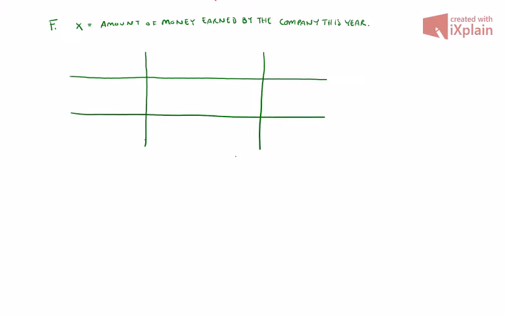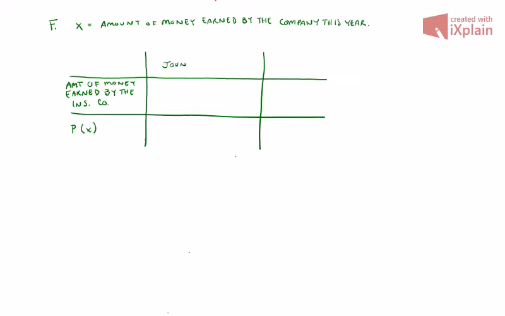Okay, here's my table. So here is the amount of money earned by the company, and underneath we have the probability, and I'm just going to write that as P of X to save a little bit of time.